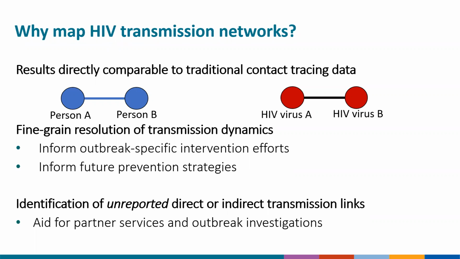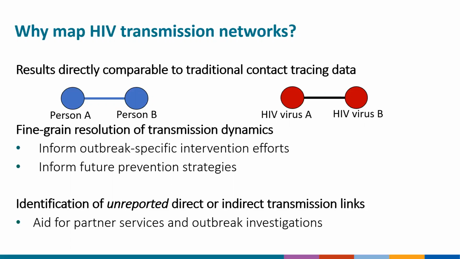And doing this integration of the human perspective of transmission versus what the genetic sequences tell us allows us to inform fine-grained resolution of what the transmission dynamics look like, which allows us to look at outbreak-specific interventions for this outbreak, as well as develop future prevention strategies.